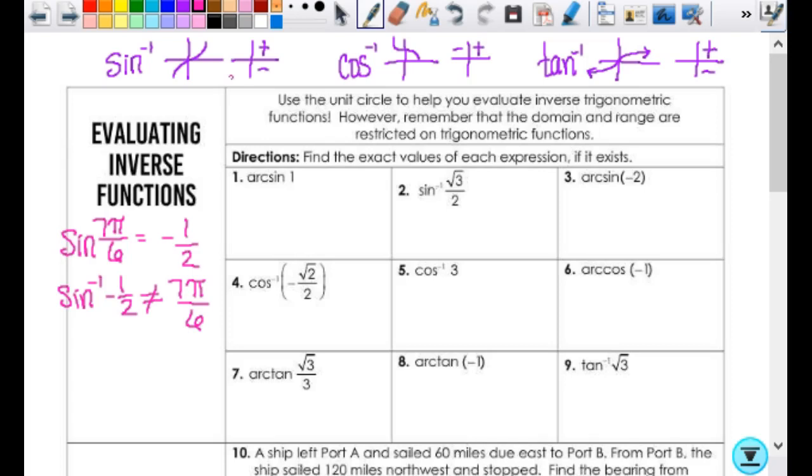That's it. Those are my only options, okay? So although I can go forwards and get this, going backwards does not give me the same answer. So the sine inverse of negative 1/2, what do you think it actually equals? What would it be in quadrant 4?